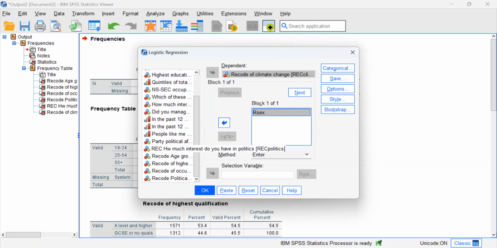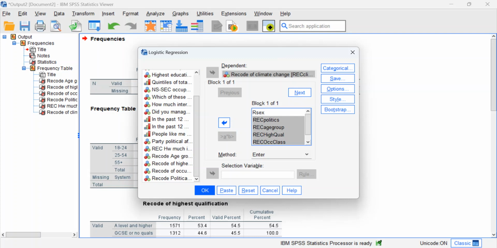And then at the bottom, I'm going to find all of my recoded variables. So I've got how much interest in politics, the age group, higher qualification, occupation, and political parties. So I'm just going to choose all of those variables, and I'm going to put those into the independent variable selection box.